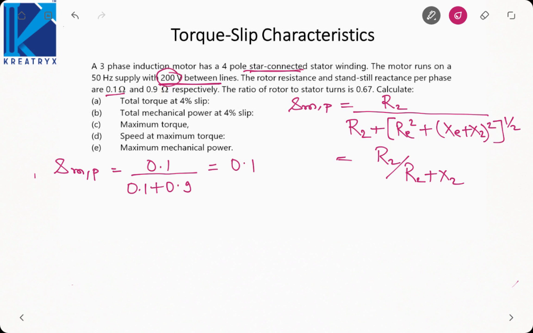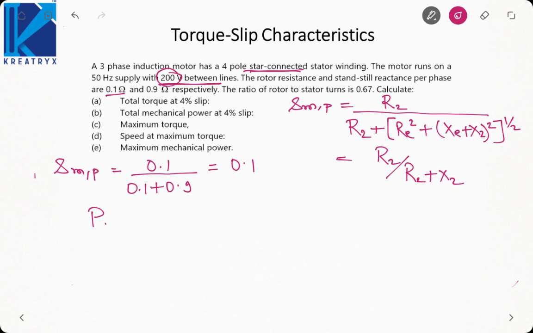At this slip, I need the mechanical power. So how will you calculate mechanical power in such a case? You need to calculate the air gap power.